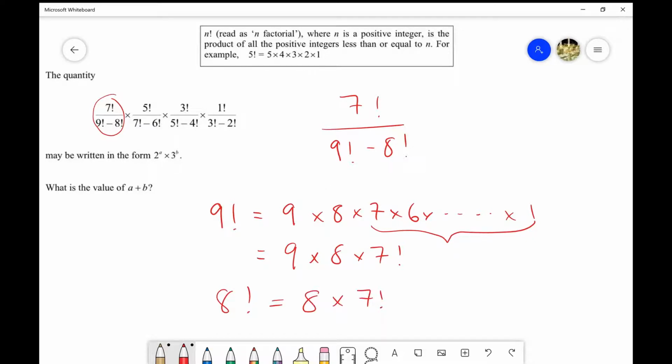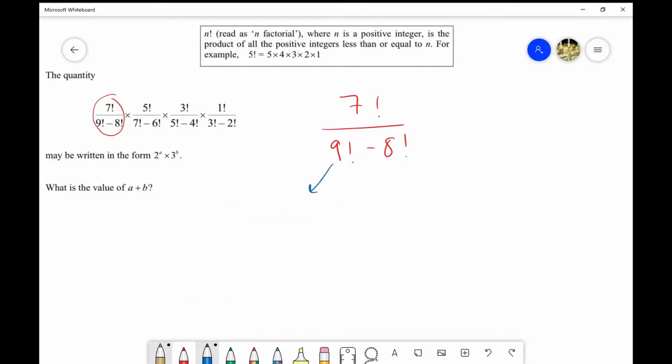Similarly, the 8 factorial, I could write as 8 times 7 factorial. So I'm going to replace both of these. I'm going to replace the 9 factorial with 9 times 8 times 7 factorial, and the 8 factorial with 8 times 7 factorial. The reason I'm going to do that is because then you'll see a bit of cancellation happening.